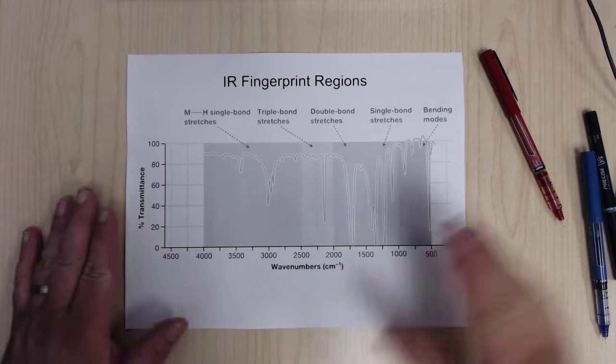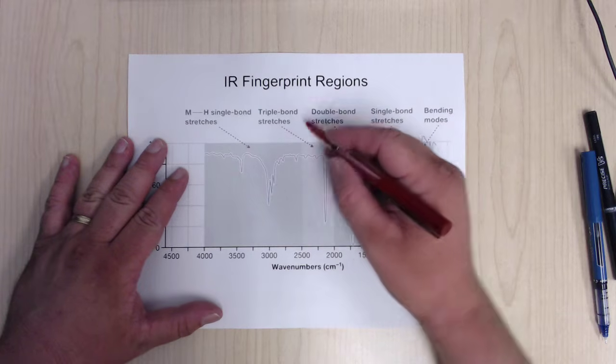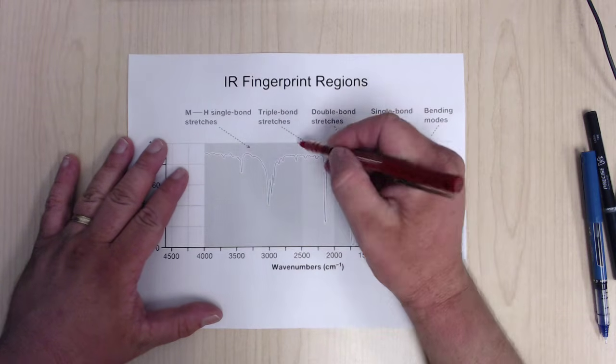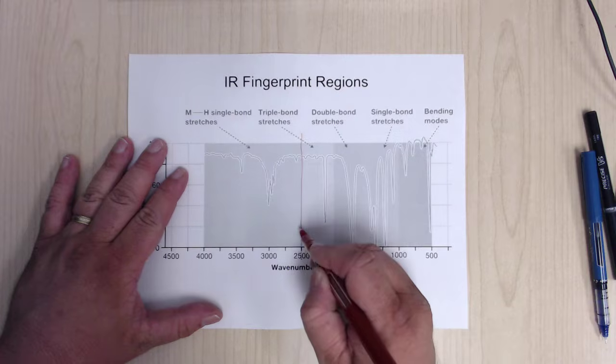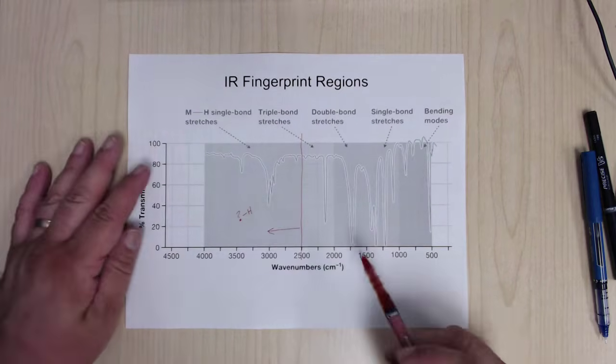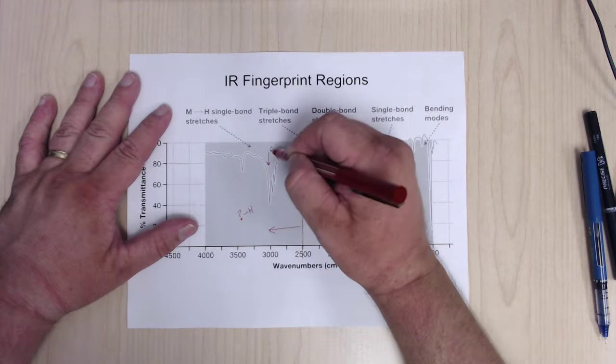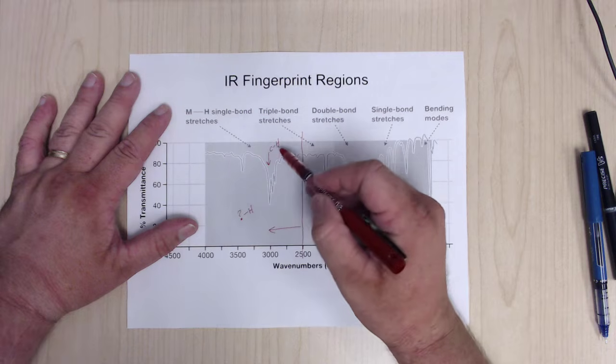Okay. So for IR, I'm sorry this isn't in color, but there's specific regions you can look at. Above about 2500, this is going to be things bound to hydrogen. So you're talking about like this one here, it's an alkane CH peak.